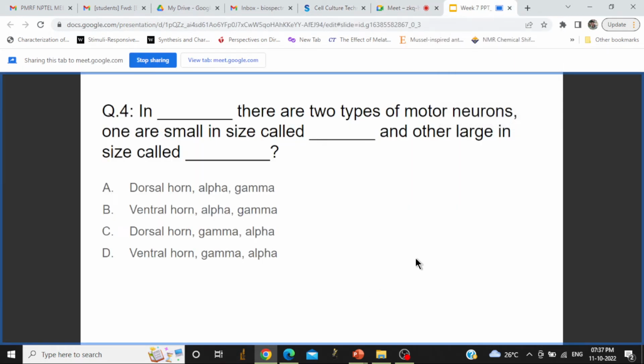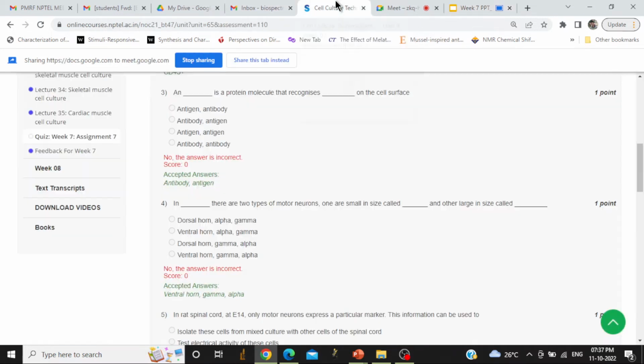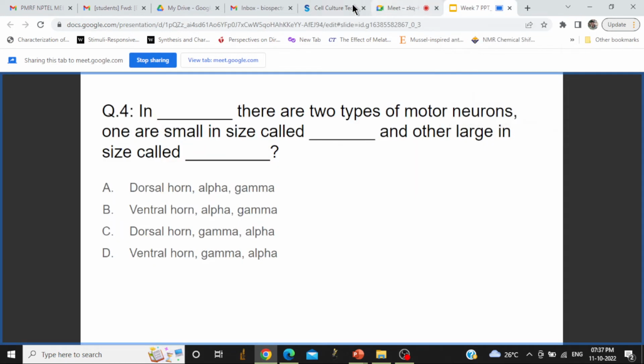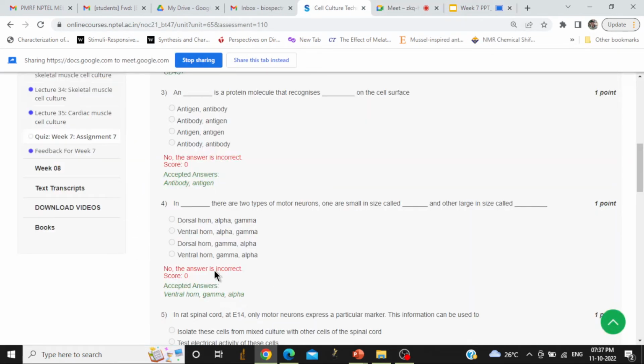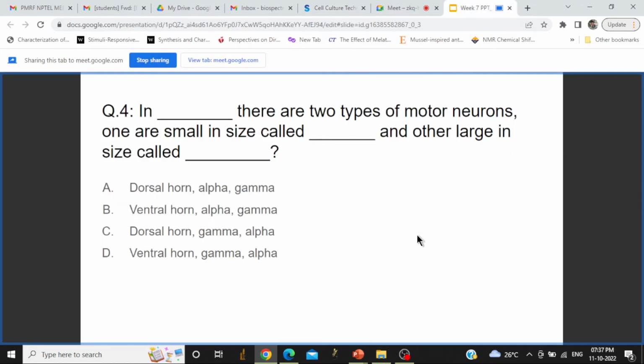So the answer is ventral horn, so the answer is D part.